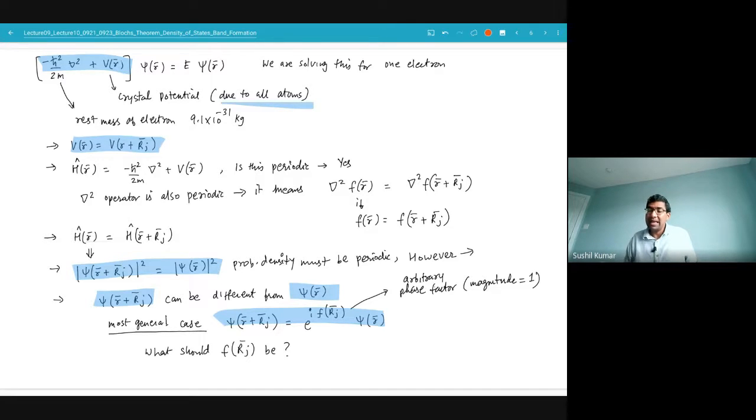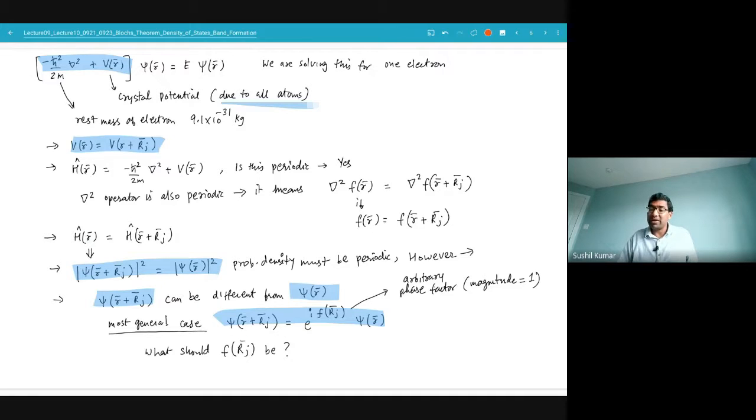Within this assumption, this is the most general form of the wave function we can write, because when you take its magnitude, this phase factor will go away. And this could be some unknown function of R sub j. Okay, hope this makes sense. This kind of argument makes sense.